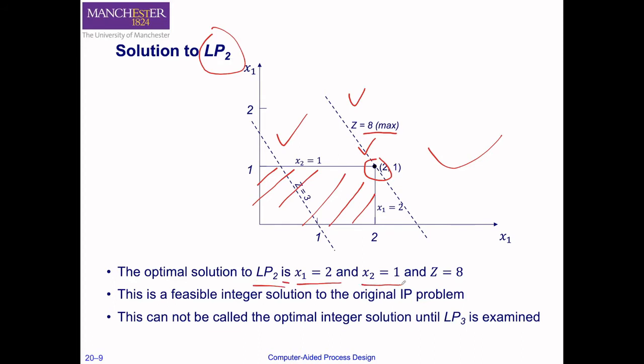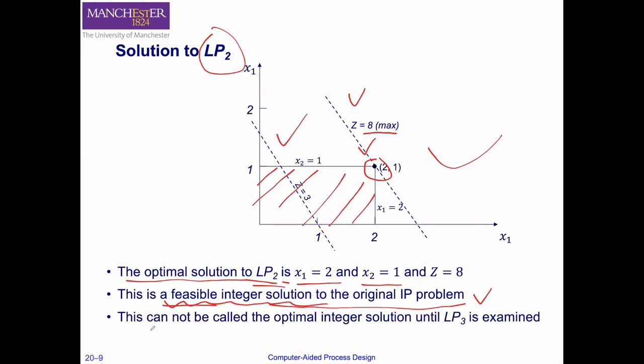Both are integer. That means this optimal solution to LP2 is also a feasible solution to the original integer programming problem. This feasible solution is also called a feasible integer solution to the original integer programming problem.